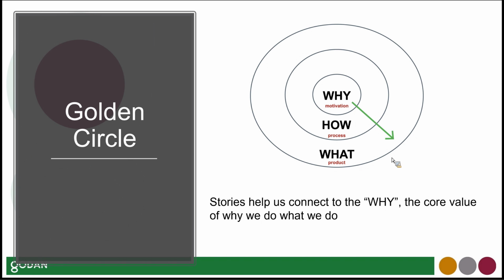Then there is how: how can I communicate that to the right audience? And then the what: what will be the call to action after that kind of advocacy or sensitization. This is how we build the story.